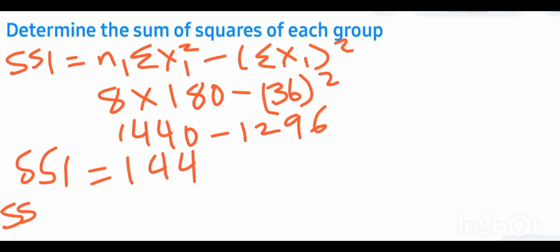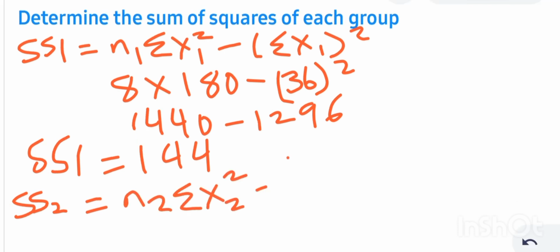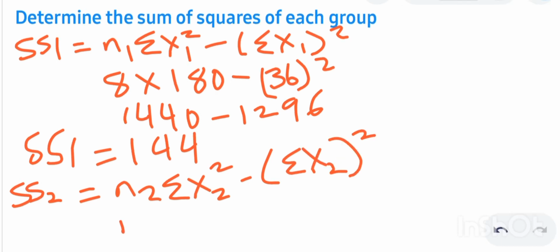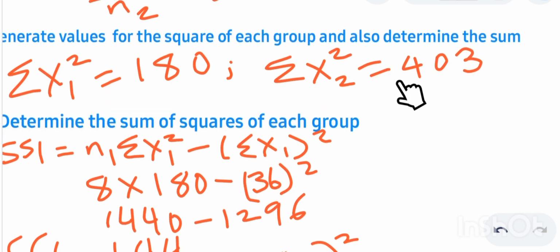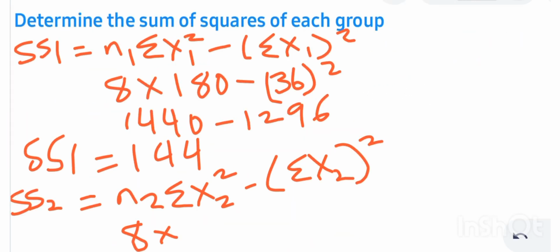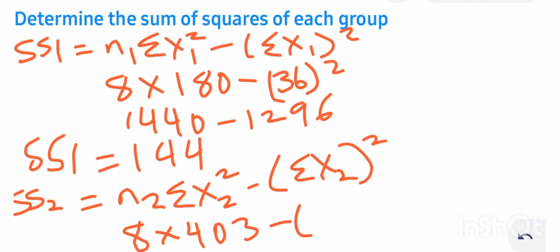So let's get the sum of squares for the second group. SS2 would be N2 times summation X2 square minus summation X2 all square. Following the formula, N2 value is 8. We have 8 times summation X2 square, which is 403, minus summation X2 all square.